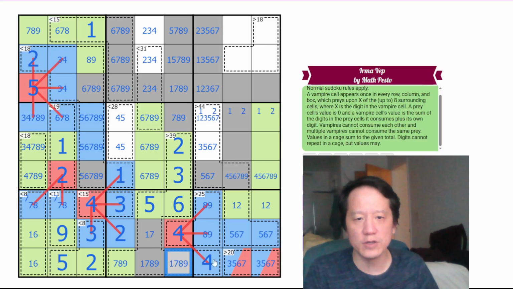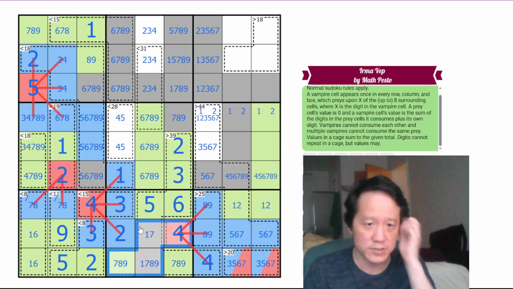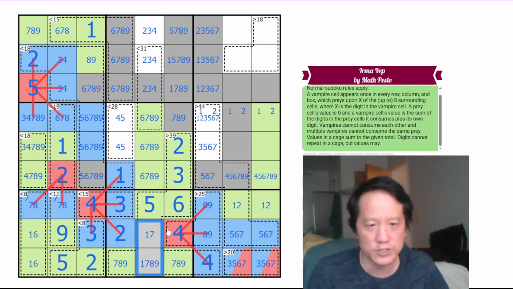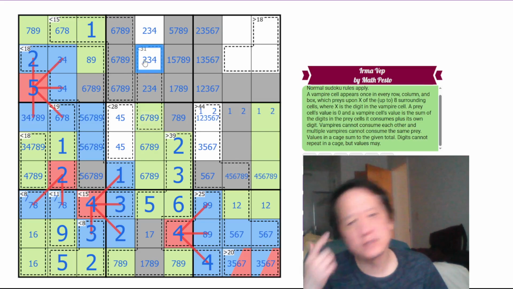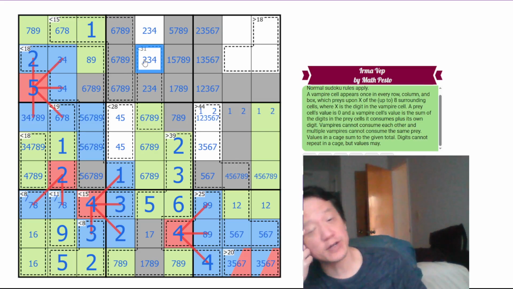1 cannot be here, so this is not being vampired. It's regular one. So the vampire is preying on one of these two. We're not sure which. This is regular. Can this... I guess it could prey on 2.